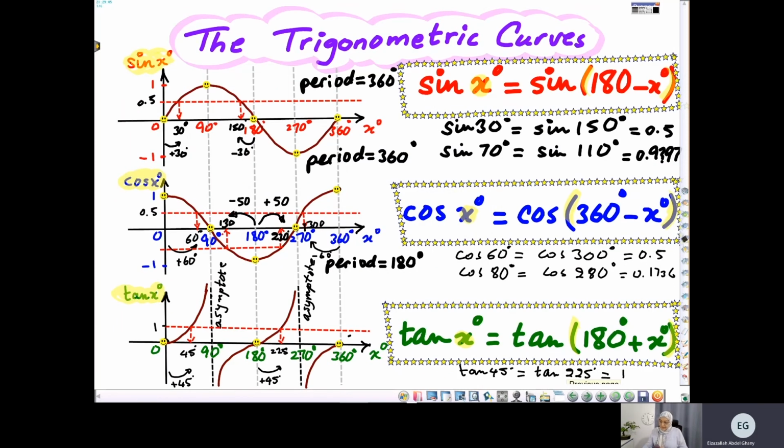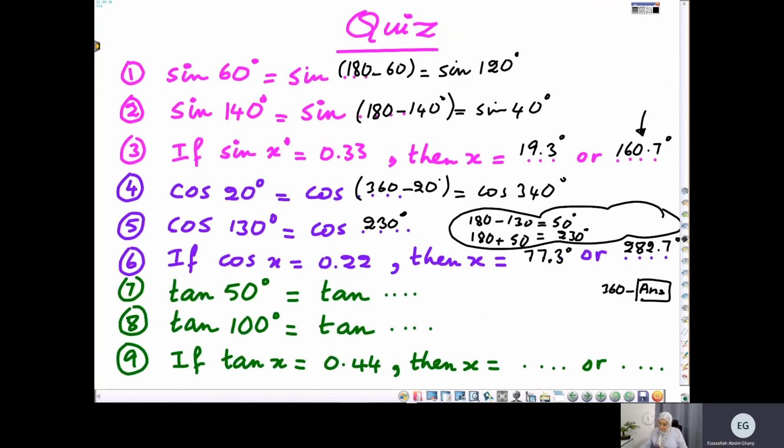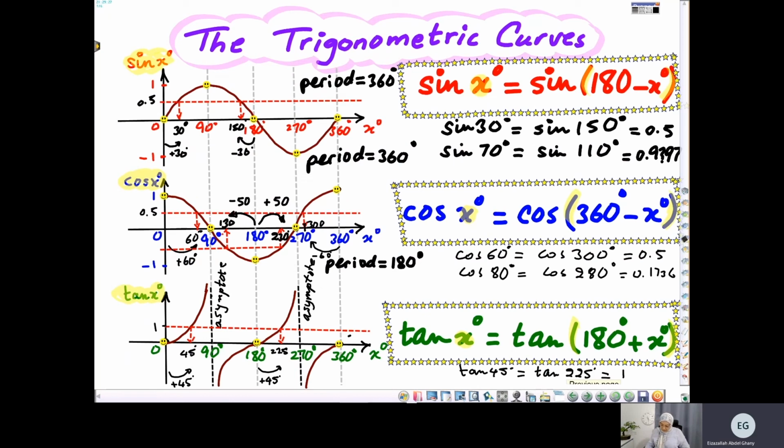About the sine, how did you find this one? Let's revise. Sine an acute angle is sine 180 minus this acute angle. So we just calculate 180 minus answer, when you got the 19.3. About the tan curve, if we take a horizontal line, we find that tan an acute angle has the same value for another reflex angle, which is 180 plus this acute angle.